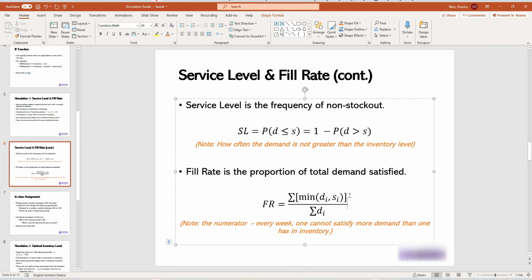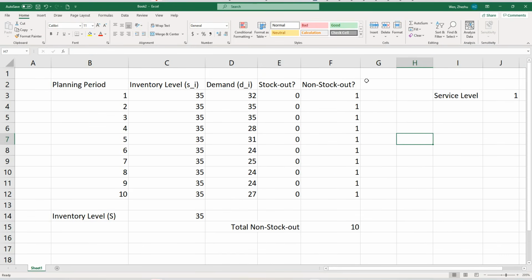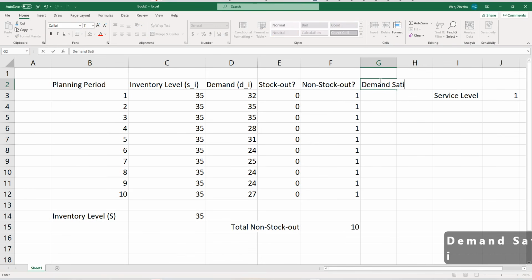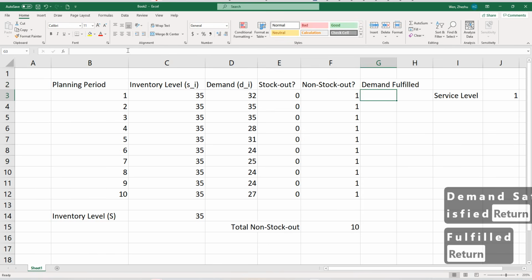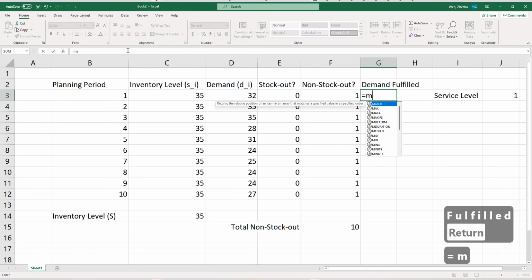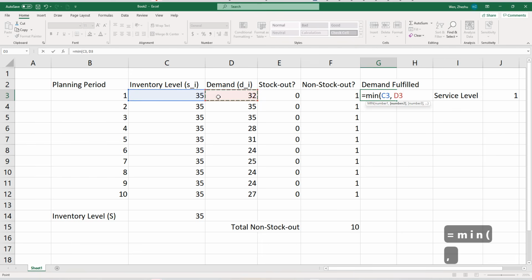To calculate the fill rate, let's come back here. Let's create a new column called demand satisfied, or you can just use demand fulfilled. So that's the MIN function, which stands for minimum between inventory and the demand.